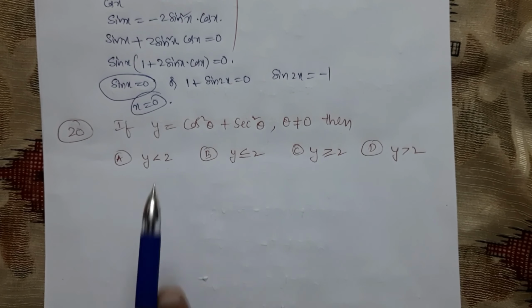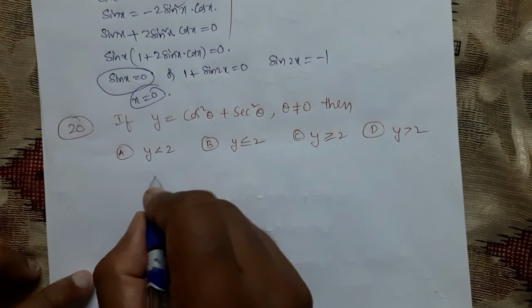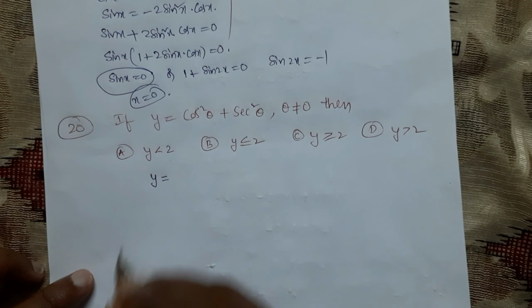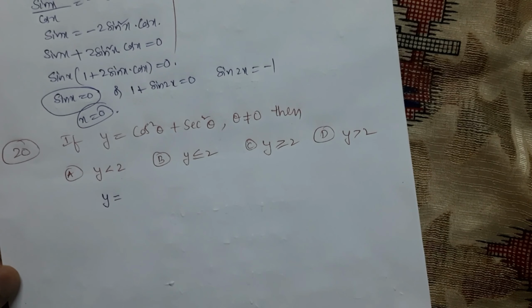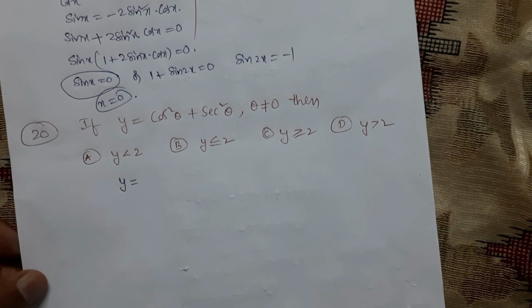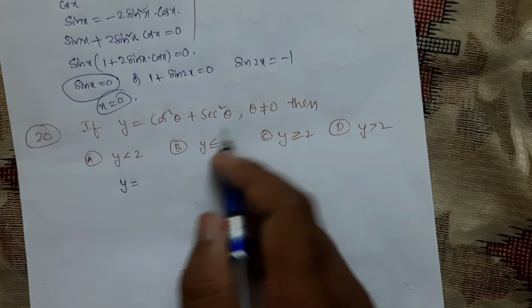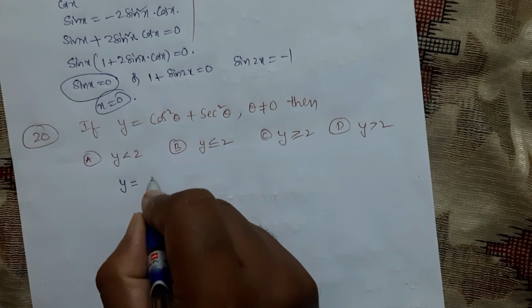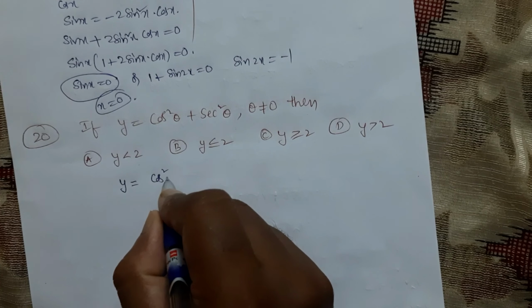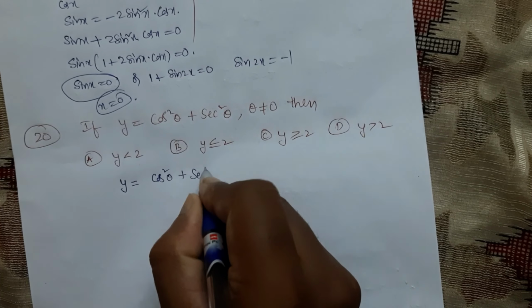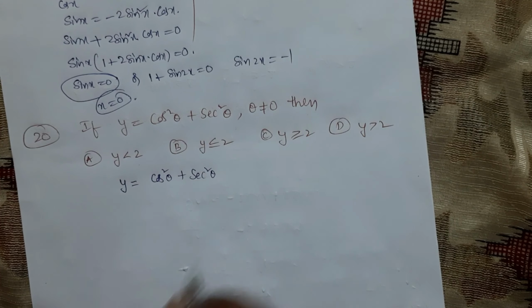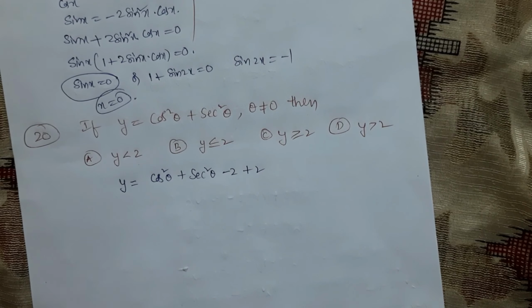See here. Now I will consider y, which is equal to cos square theta plus secant square theta. If you observe, I will add and subtract 2 for this: cos square theta plus secant square theta, minus 2 and plus 2.